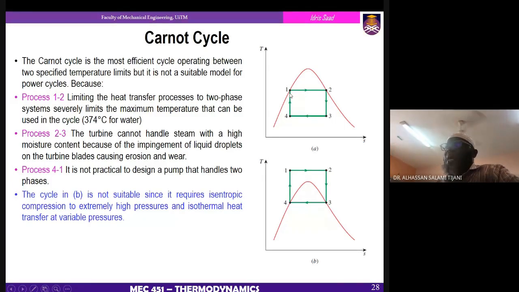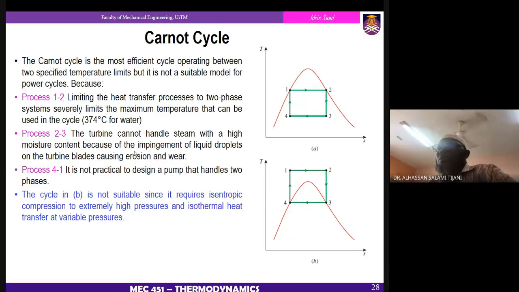State 1 to state 2 is a constant temperature heat addition process, and the fluid between state 2 and state 3, the fluid that enters the turbine, is at a saturated vapor state. So when it expands, a large amount of it is mainly water. So you cannot get any high efficiency from this cycle.